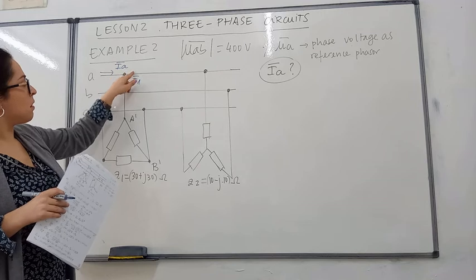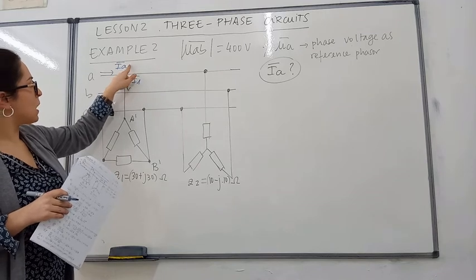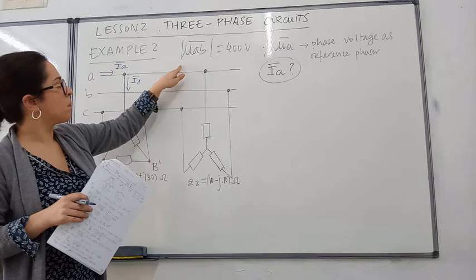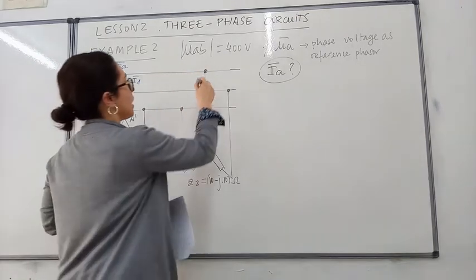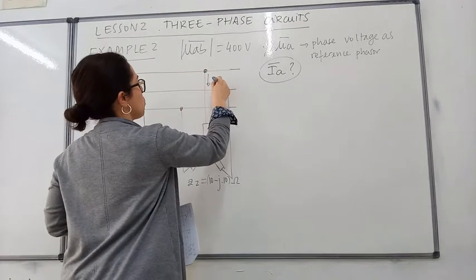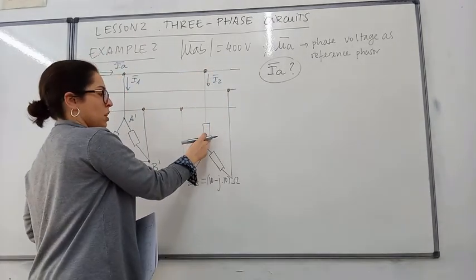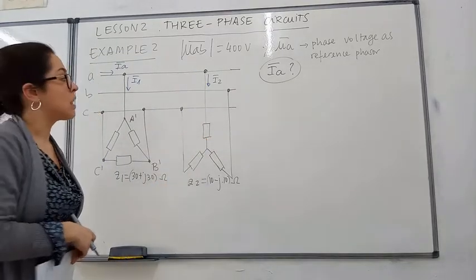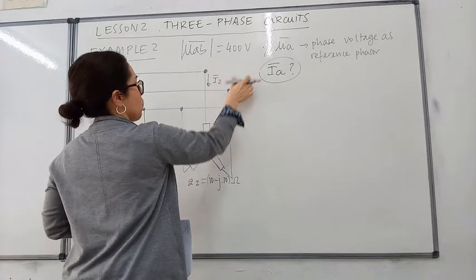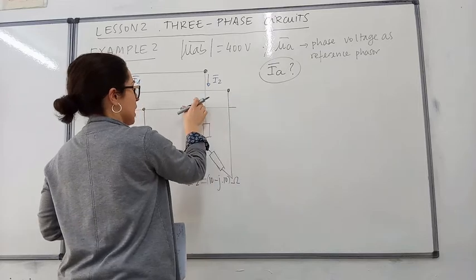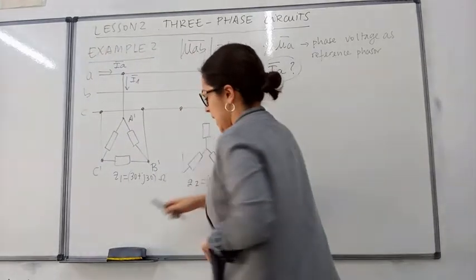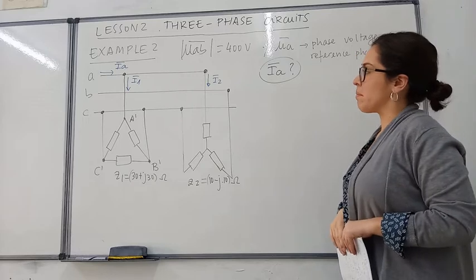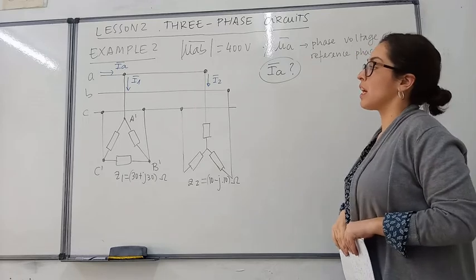And here IA minus I1 will continue here. And here we will have I2, which goes here to supply this load in the star. So we can then say that current IA is going to be the same as the sum of currents I1 plus I2.